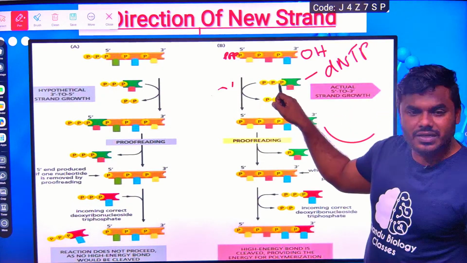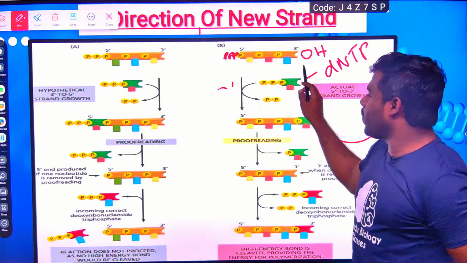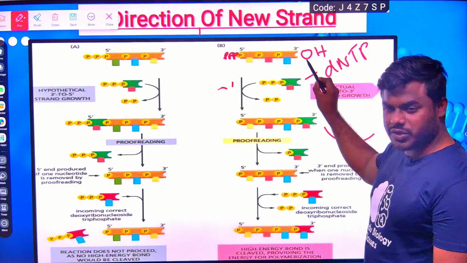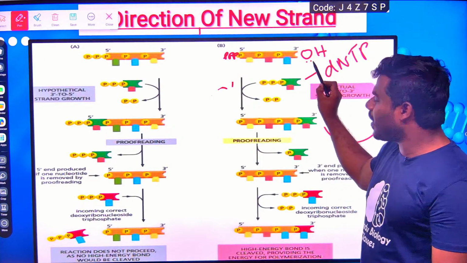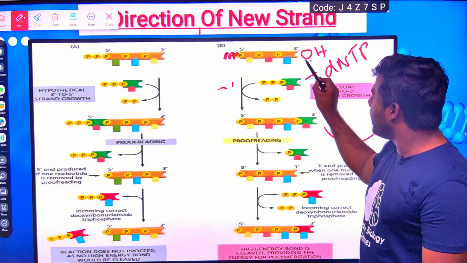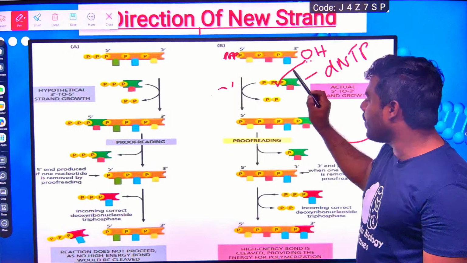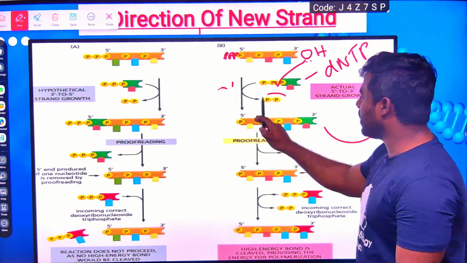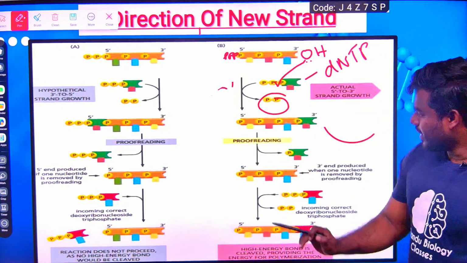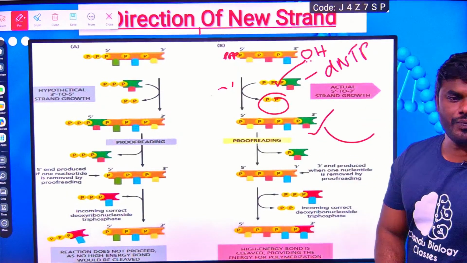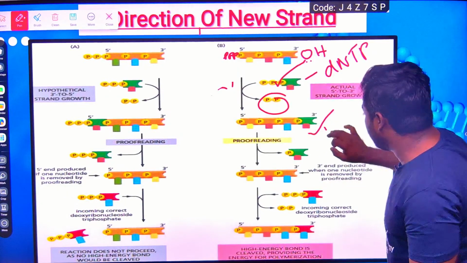How many phosphates? 3 phosphates. Crystal clear. Now what is happening? This OH group, with oxygen as the nucleophile, will come and cut one of the phosphate groups. How many are going to be released? 2, in the form of PPi. No problem. Hence it got settled. Correct? No problem at all.